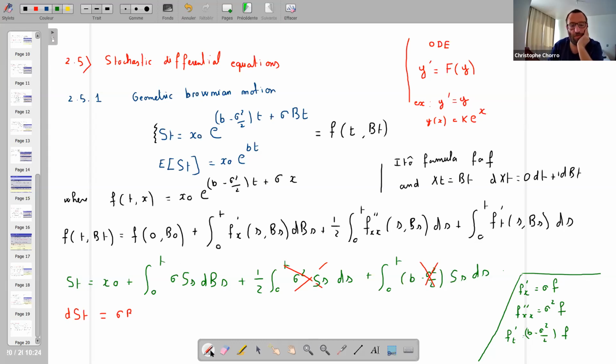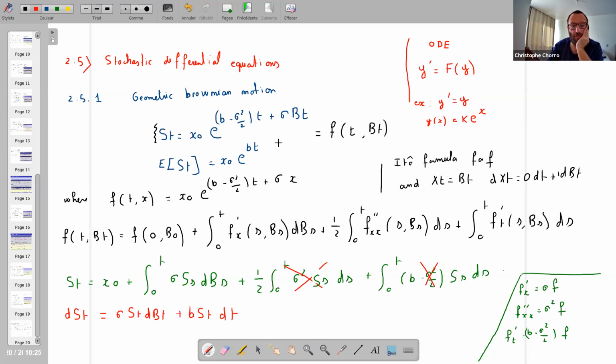Okay. So if I continue my computation, I have d of S_t that is equal to sigma S_t dB_t coming from this term here, plus this term, that is plus b S_t dt.